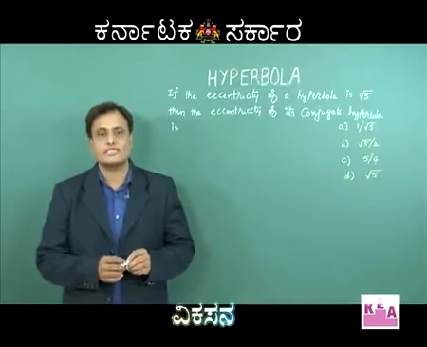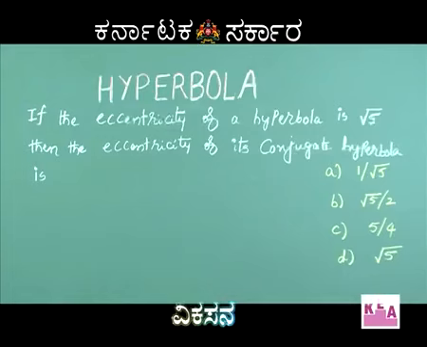This is a very interesting example. Read the question: if the eccentricity of a hyperbola is root 5, then the eccentricity of its conjugate hyperbola is: option A, 1 by root 5; option B, root 5 by 2; option C, 5 by 4; option D, root 5.